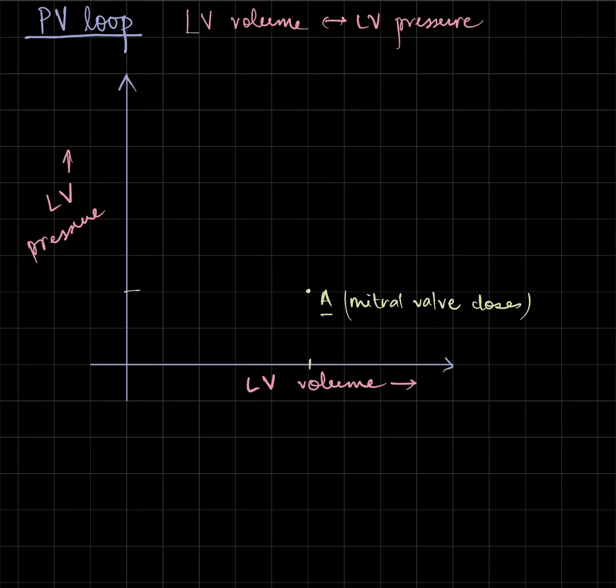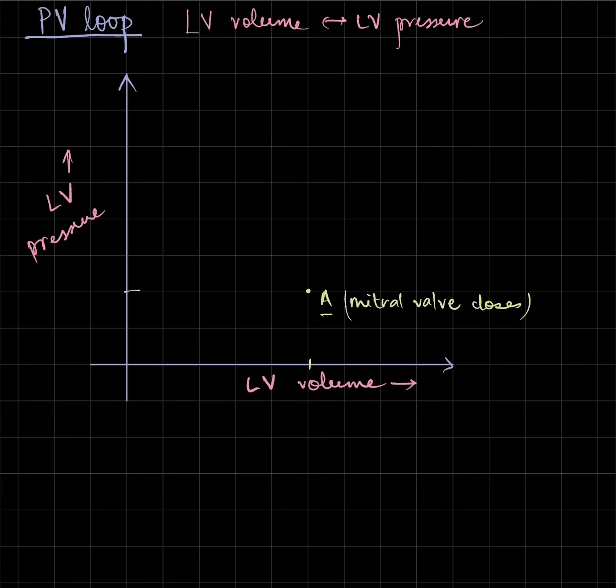Since this is the end of diastole and the mitral valve has closed, in a normal heart where there is no regurgitation of any sort, there is no way more blood can enter the left ventricle, right?